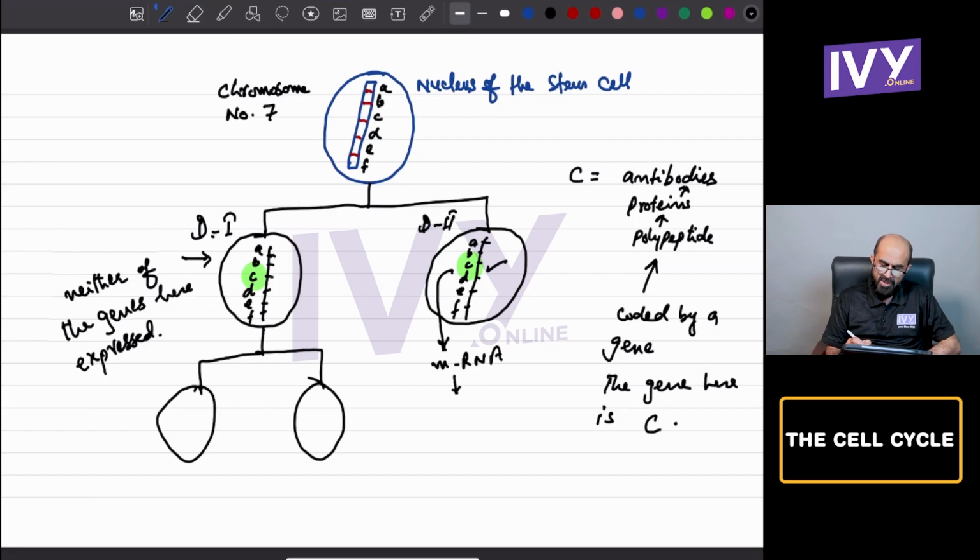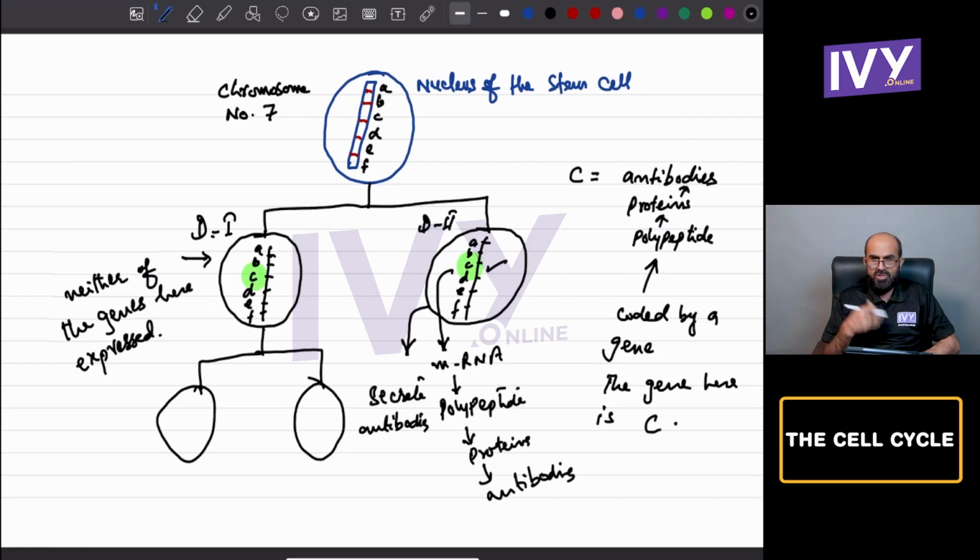The messenger RNA is translated to form a polypeptide, then a protein, and the protein makes antibody. It means this cell starts to secrete antibodies. Secretion of antibodies means a function. Now this cell starts its function.